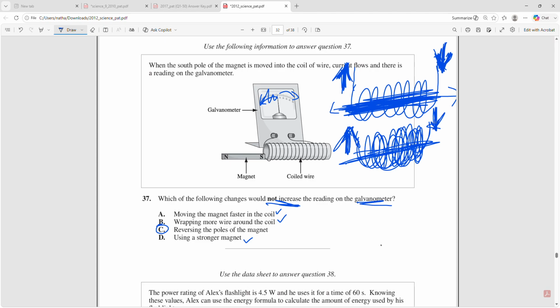So if I flip this magnet around, south pole and north pole, and then start moving that magnet back and forth, or even just move it in one direction quickly, we'll get a reading. So reversing the poles will not increase the reading. It might change the direction the current flows, but it won't increase how much current flows.